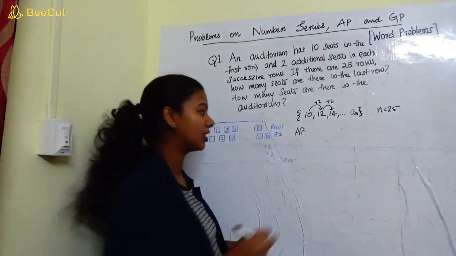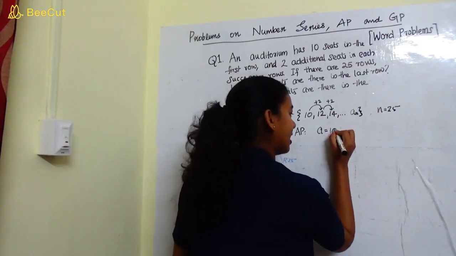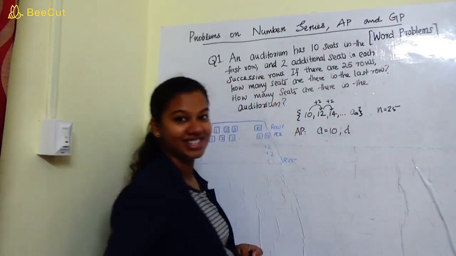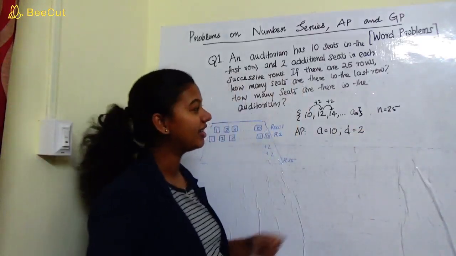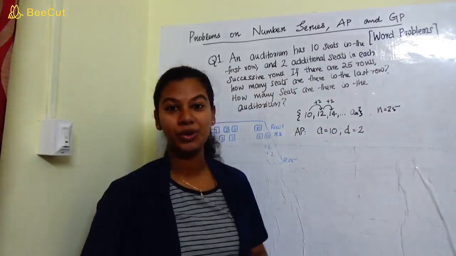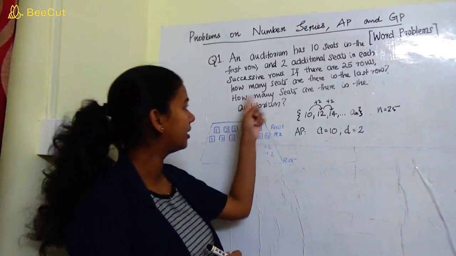So in arithmetic progression, A, which is the first term, is 10. What about the common difference D? It is 2, right? And n is equal to 25. So what all do we need to find? An.